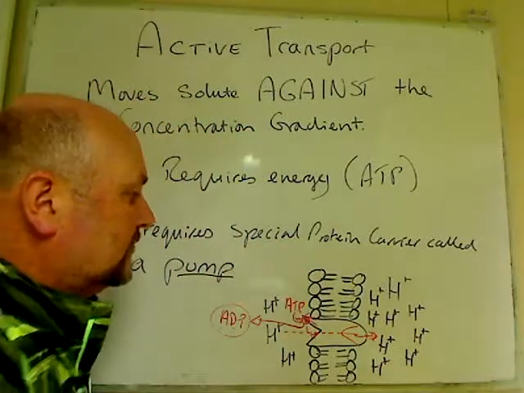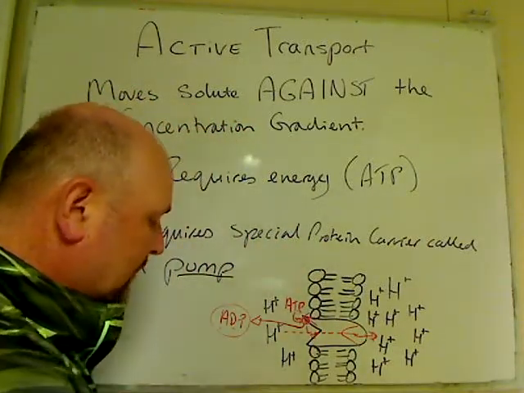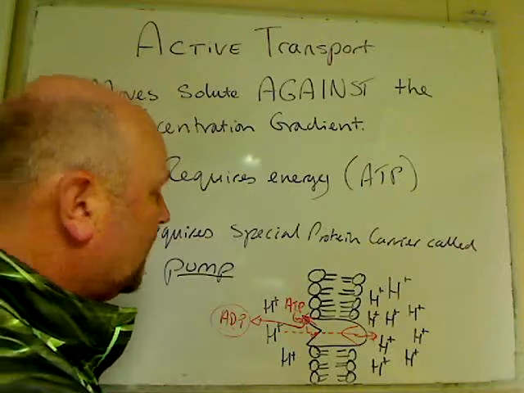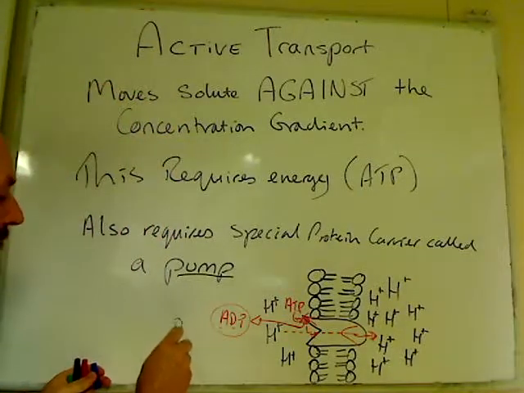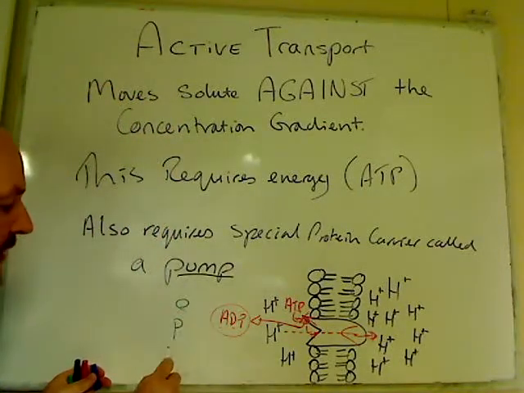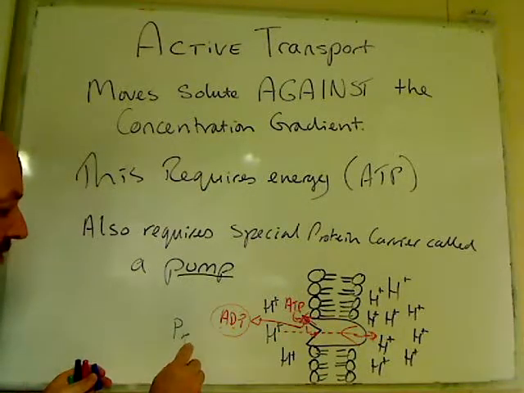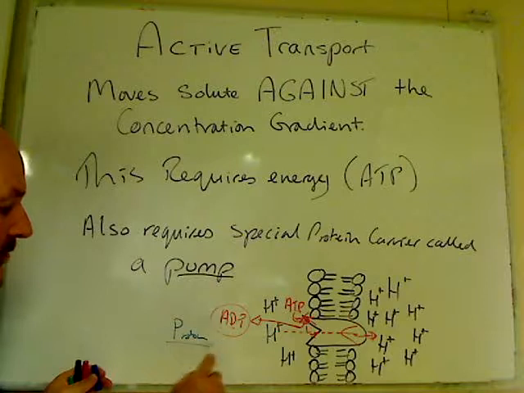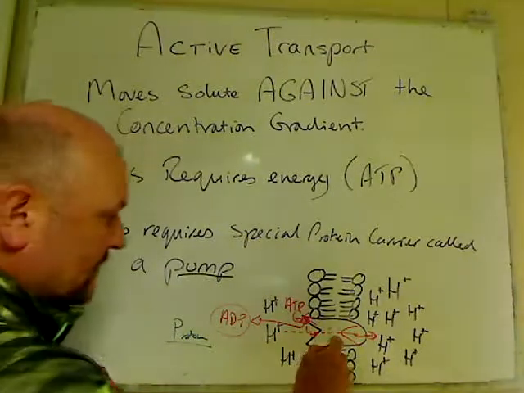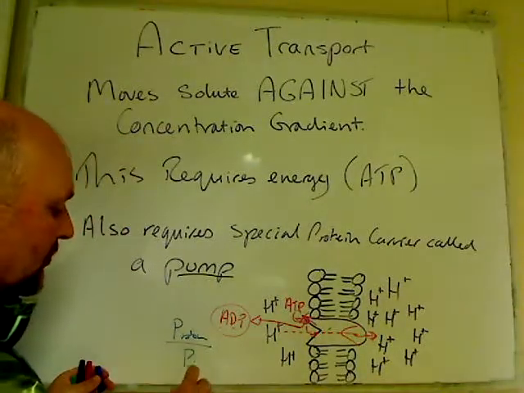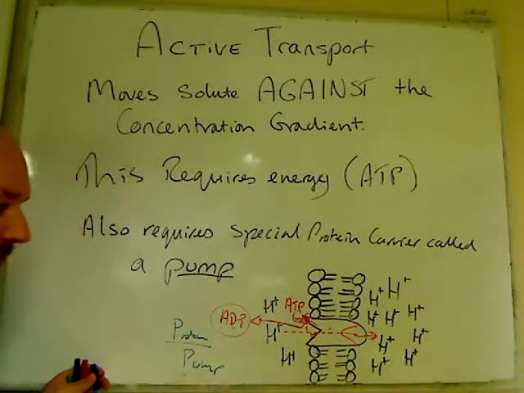Same idea here. Because this is moving hydrogen ions, and a hydrogen ion, if you remember, a hydrogen atom is just a proton and an electron. Once you've ionized it, you've taken away the electrons, so you're just left with a proton. So this particular protein is called a proton pump, because that's what it's doing.